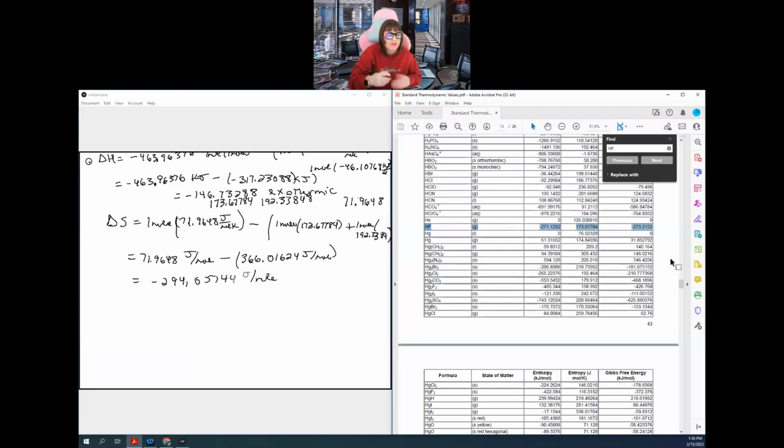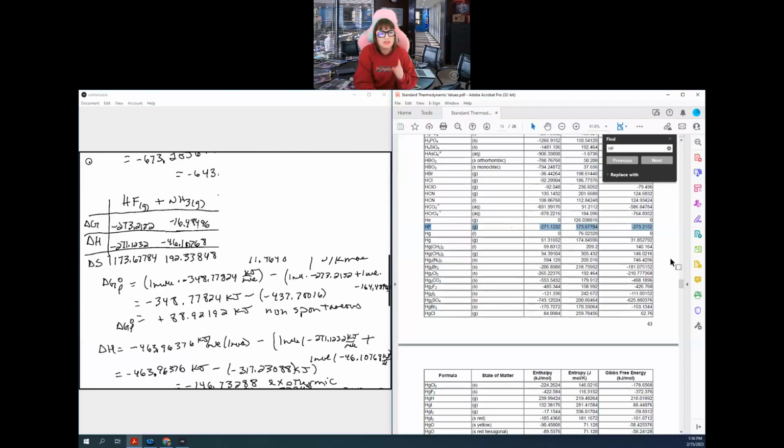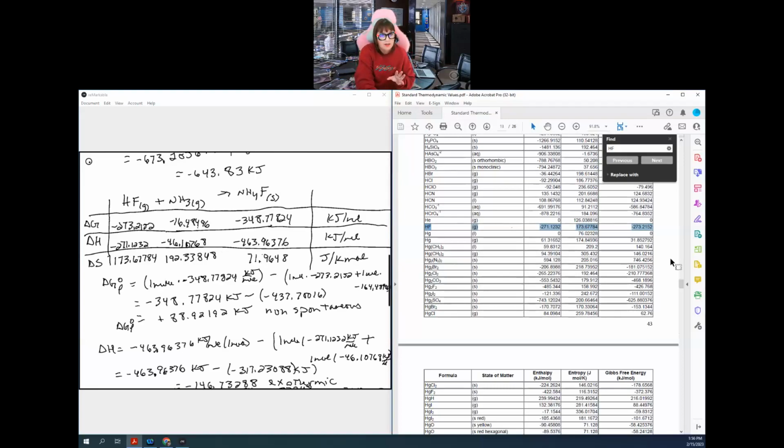I can see from looking at this that it's a negative value. That means it's not favorable for that to happen. And why would that be the case? Well, again, I'm going from two species that are separate, both in the gas form, to one species that's a solid. So that is not a favorable change in my entropy.